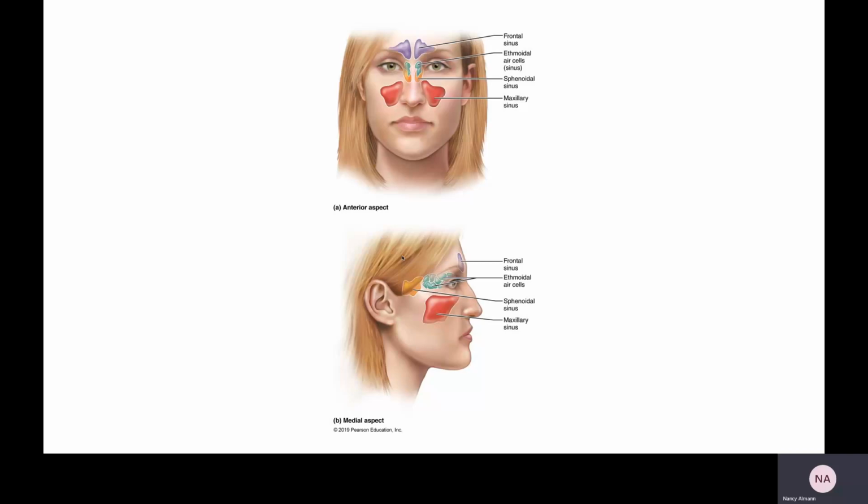They also help with voice resonance. So those are the three reasons that we are theorizing we have sinuses. One, to lighten the weight of the skull. Two, to provide additional surface area to warm air before it enters the respiratory tract. And three, to aid with voice resonance.